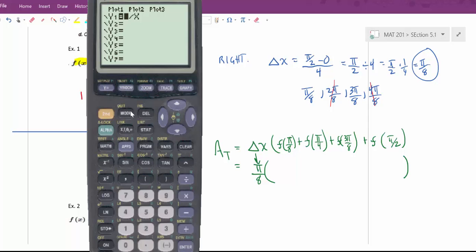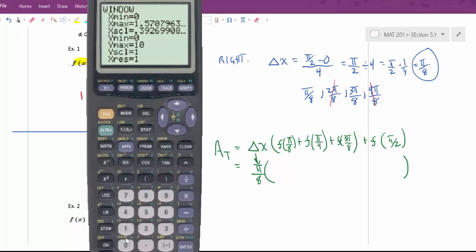So what you want to do is go ahead and put in cosine x. If you want to do this along with me, you can. Then we're going to do a window. Let's do 0 to pi over 2. Make sure your calculator's in radian mode. We divided and scaled this up into pi over 8, so I can scale it by pi over 8 if I want to, which is what I'm going to do.